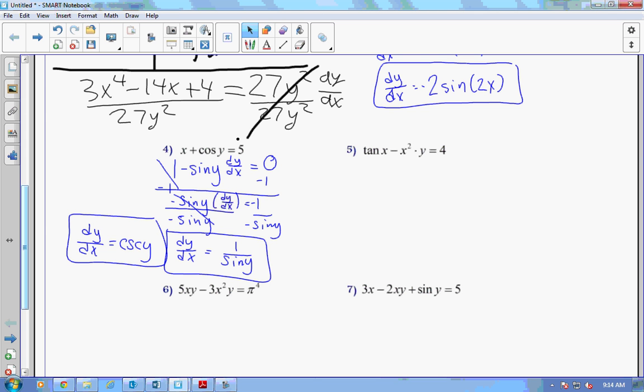Yeah, that doesn't work. It's just the negative x squared times the y that has the product rule. And this needs to say equals dy dx.